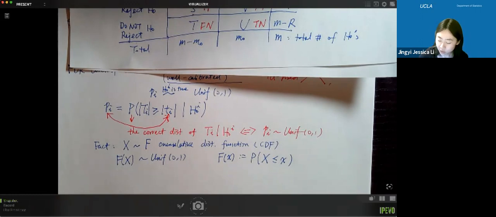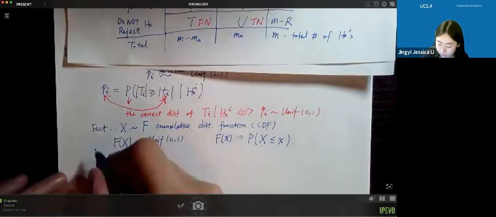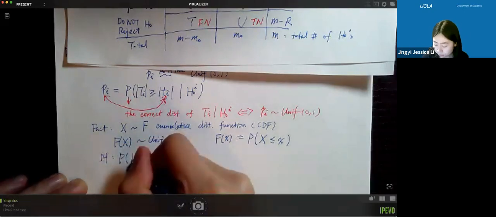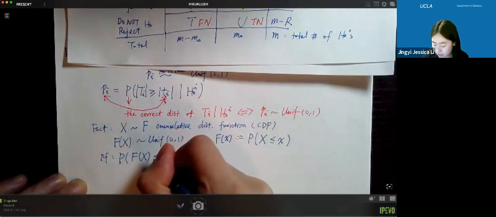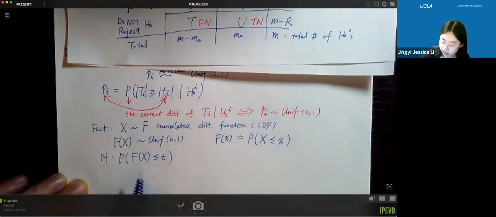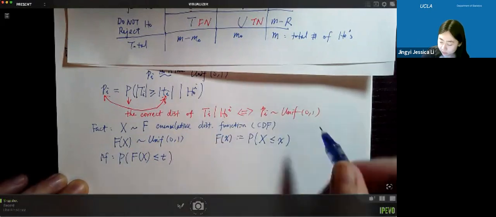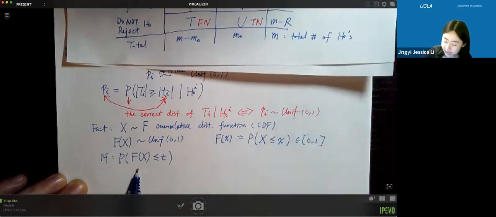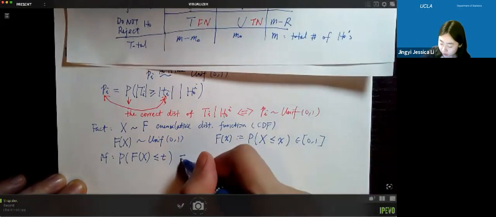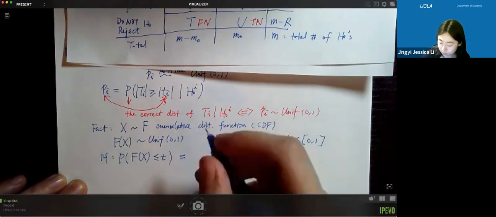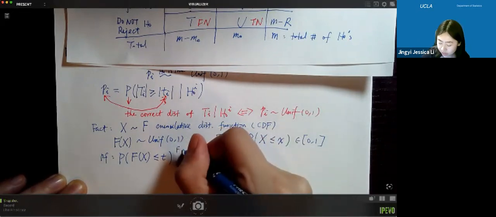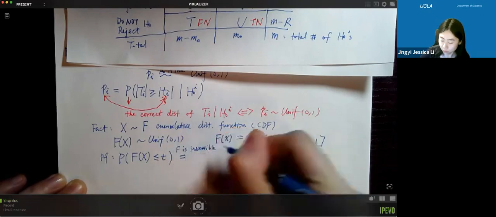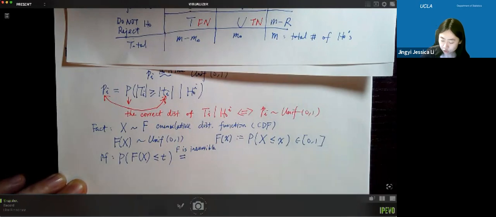And why is that? We can easily show that by one line of proof. Just take the probability that f(X) is less or equal than t. We know this f(X) is between 0 and 1 because it's a probability. Suppose that the CDF itself is invertible, so this function has an inverse in the simple case. Of course, we can prove it for the more complicated general case, but let's just do the simple case.